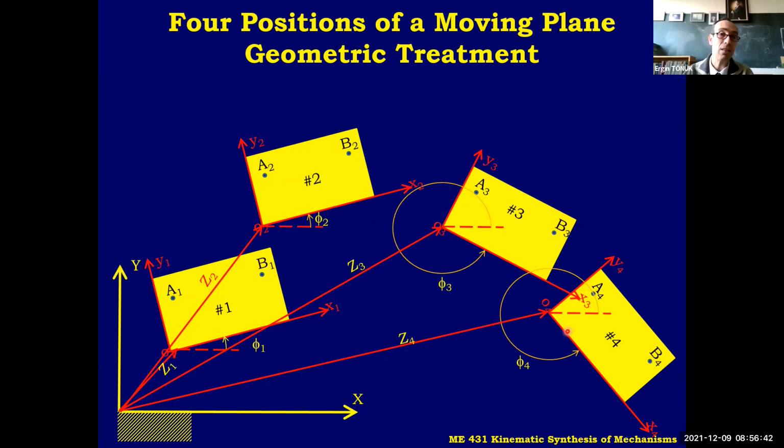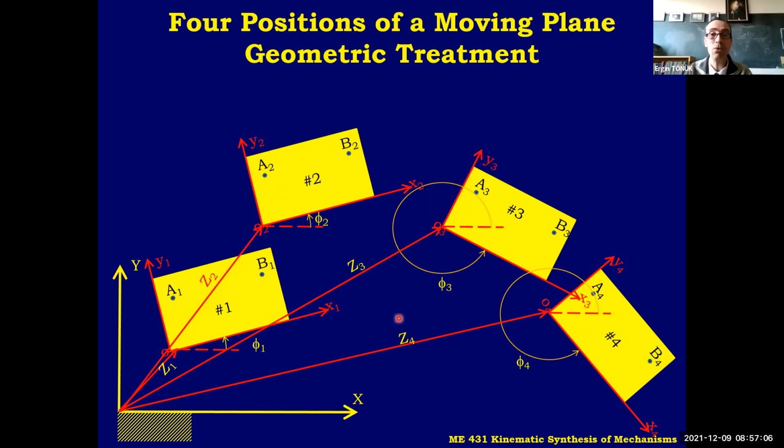But in geometric treatment, it's more convenient if you know 2 homologous points. And in analytic treatment, if you know the position vectors or sometimes displacement vectors. So for example, Z2 minus Z1 would be delta 2, the displacement from here to there. Okay, so these are all dependent.